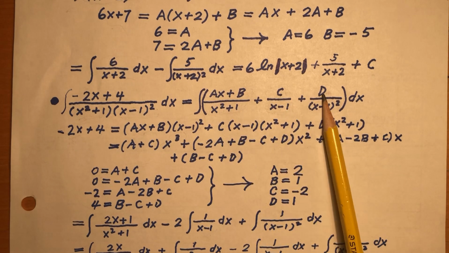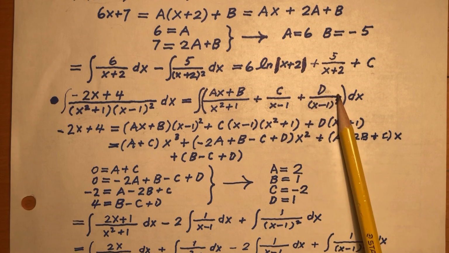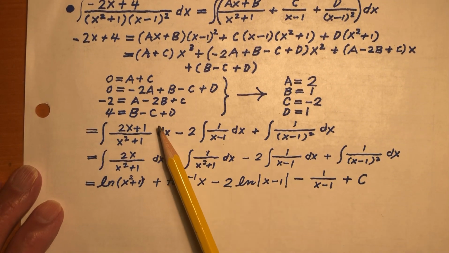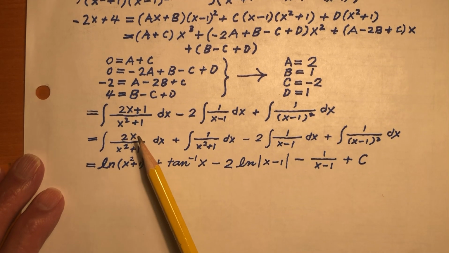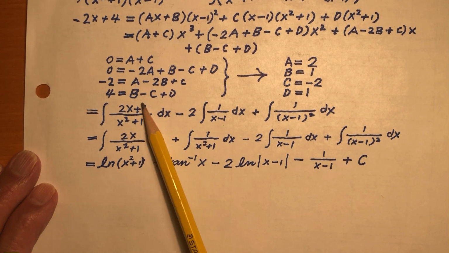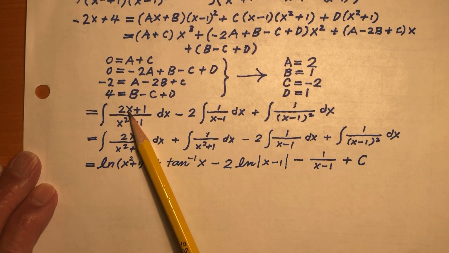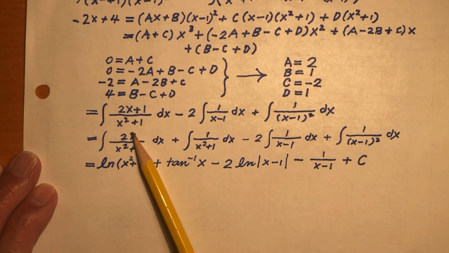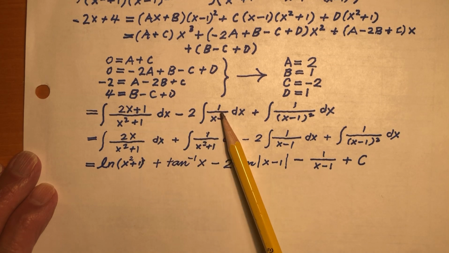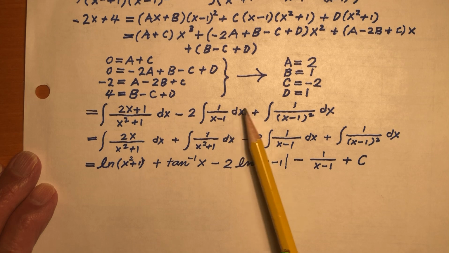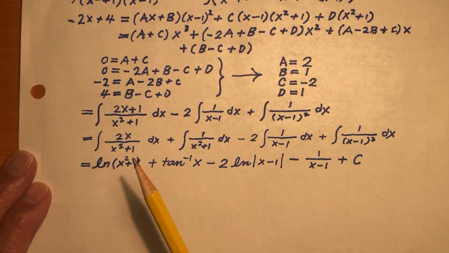A, B, C, D. I have integration, integration, integration. I separate this into 2 integrations. The first integration is just 2x. The second integration is this 1. So I have this, and I just copy this, and then I can do the integration.